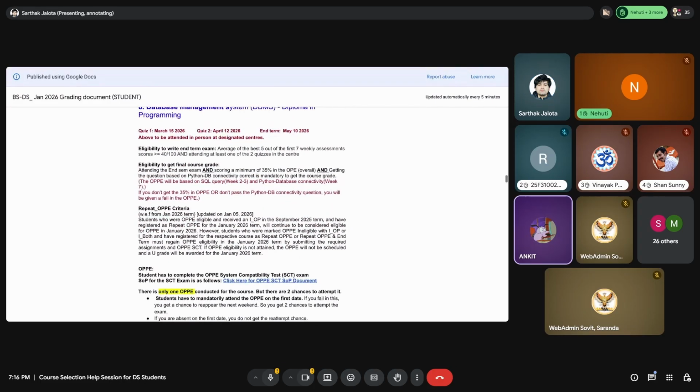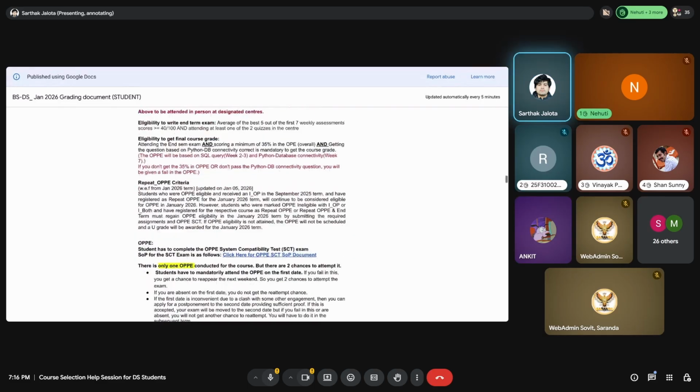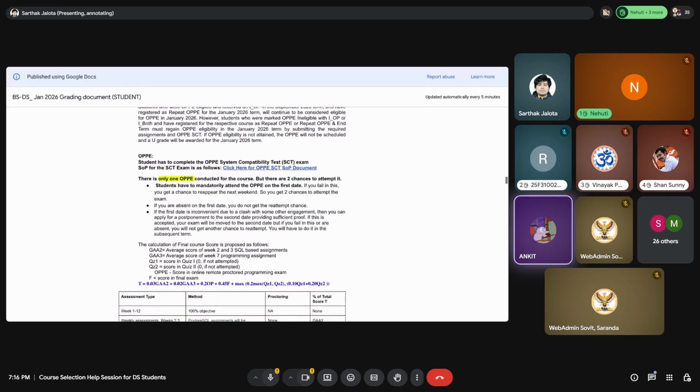DBMS का ही है, DBMS, ना? हाँ जी, DBMS का ये। Students have to complete OPPEs. If you fail in this, if you are absent on first hint, proceeding. Okay, I guess मैं गलत पढ़ लिया था क्या?